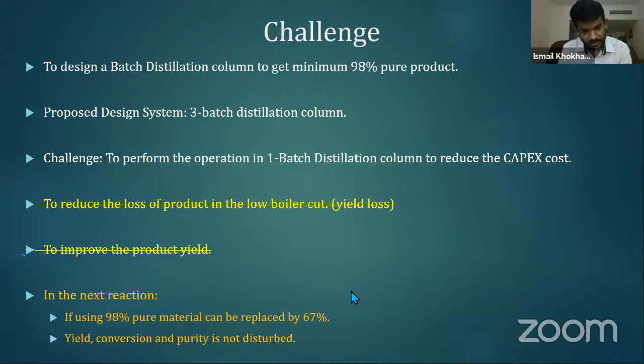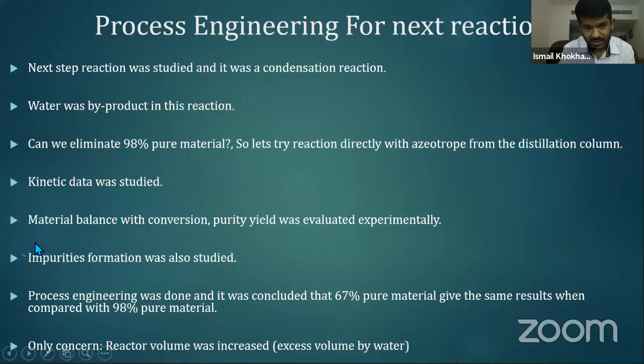And the second one was that yield, conversion, and purity are not disturbed, meaning we should attain the same purity as when we are using 98% pure material. So now the focus shifted from distillation towards the next step reaction. Process engineering was done for the next step to make sure that the distillation column change was sustained.